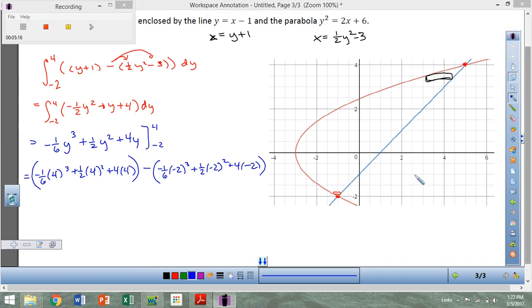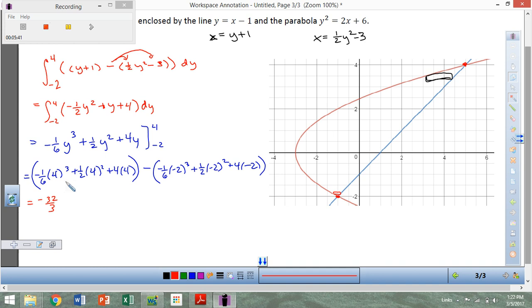Okay, so then it just comes down to being able to work through this and evaluate. So 4 cubed is 64, and 64 times -1/6, let's go ahead and reduce it down to -32/3.